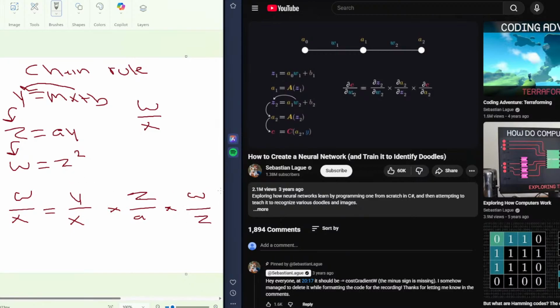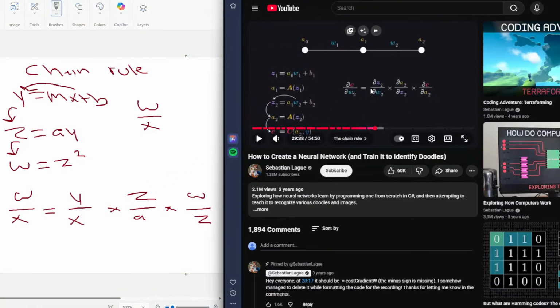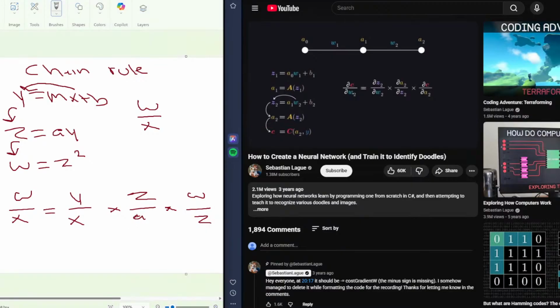So then you multiply all these, hold on, should it be Z over Y? Oh, this is a, yeah, it should be A over Y, because now you're multiplying this crosses with that, that crosses with that, and you get W over X equals W over X.